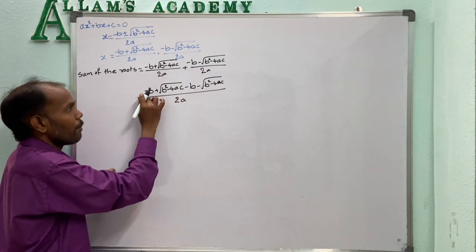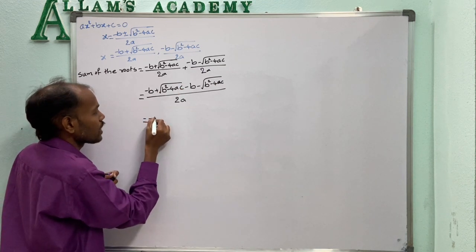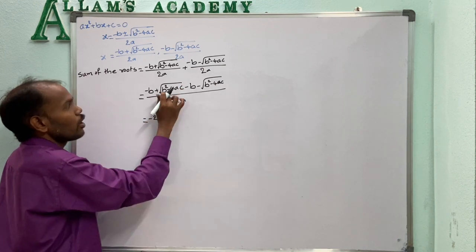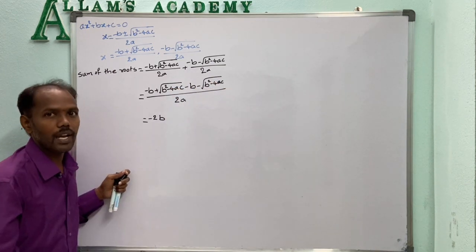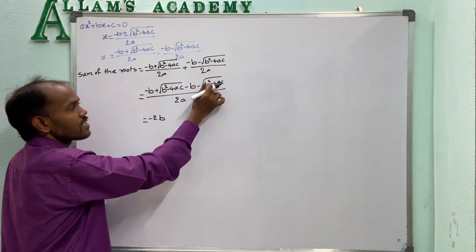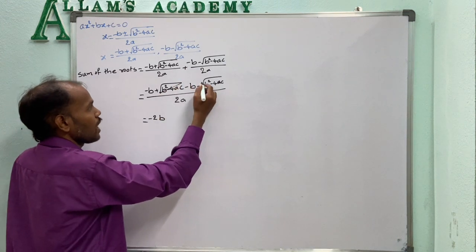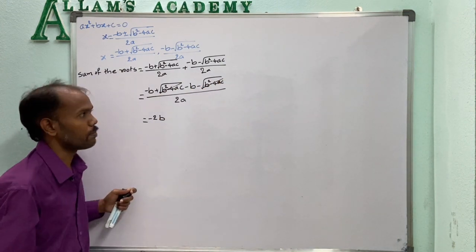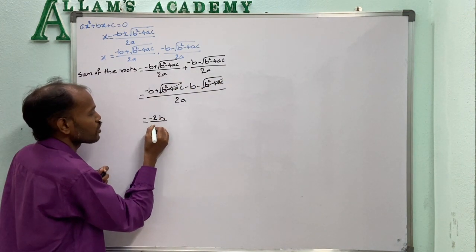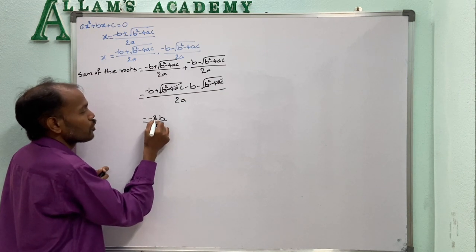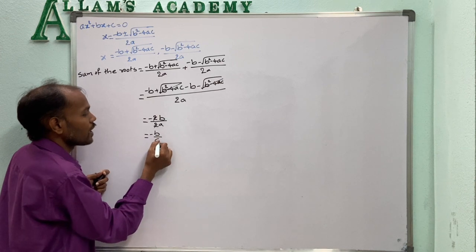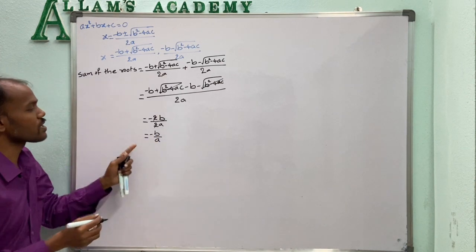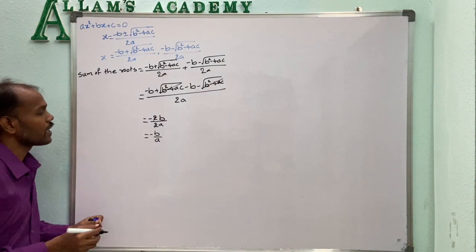Here minus b and minus b give minus 2b, and root b square minus 4ac and minus root b square minus 4ac have the same values with opposite signs, so they cancel. That means minus 2b by 2a, the 2 cancels, giving minus b by a. So the sum of the roots is minus b by a.